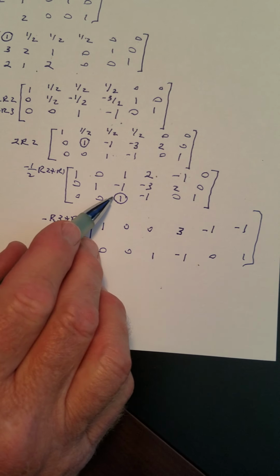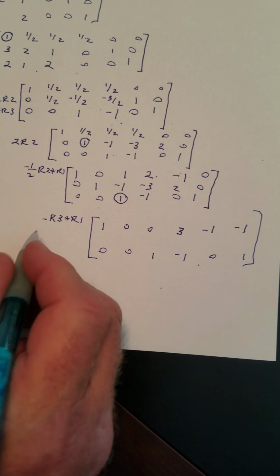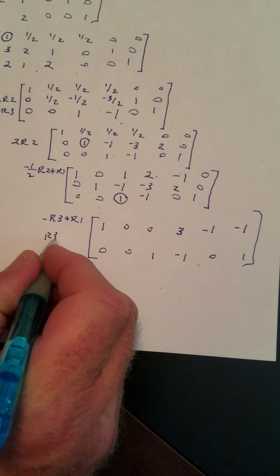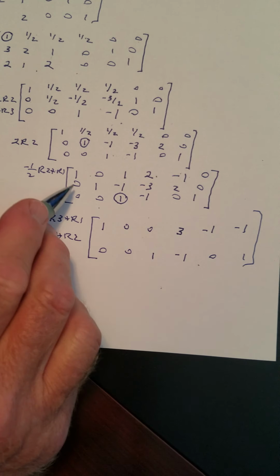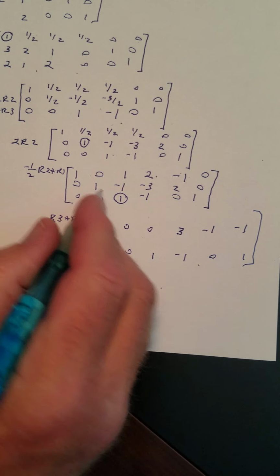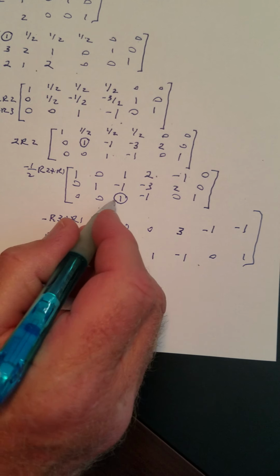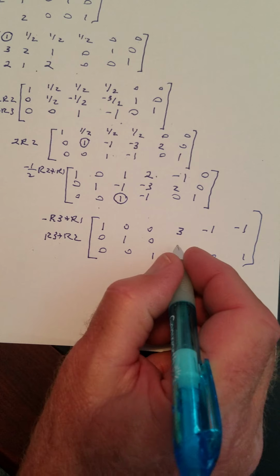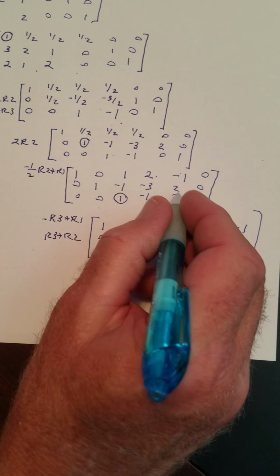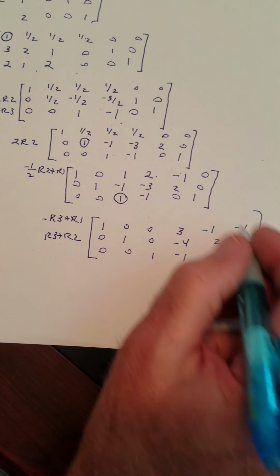And then the second row, to get a 0 here, all I have to do is take row 3 plus row 2. 0 plus 0 is 0. 0 plus 1 is 1. 1 and negative 1 is 0. Negative 1 and negative 3 is negative 4. 0 plus 2 is 2. And 1 plus 0 is 1.